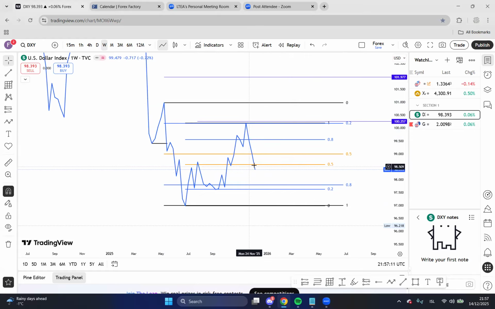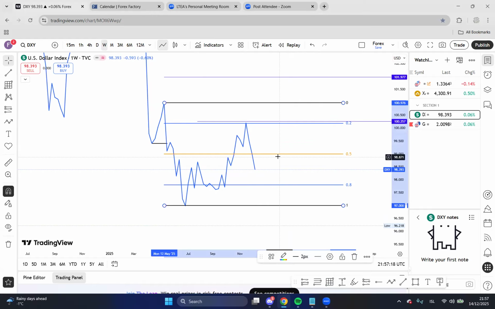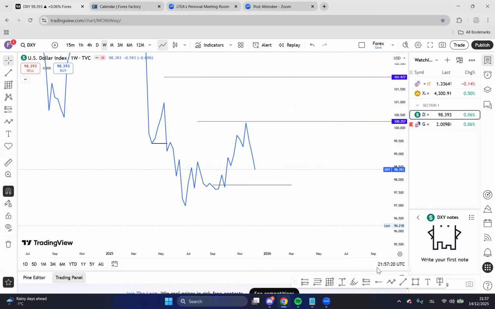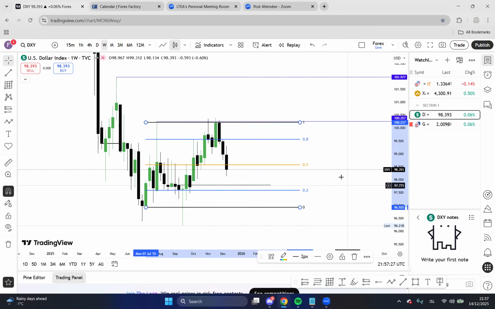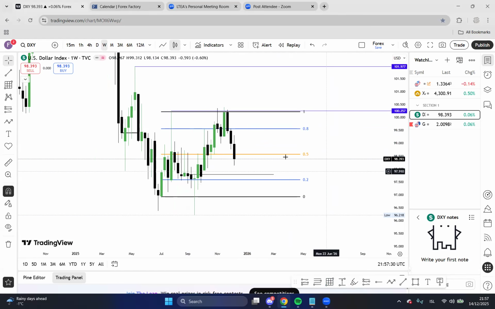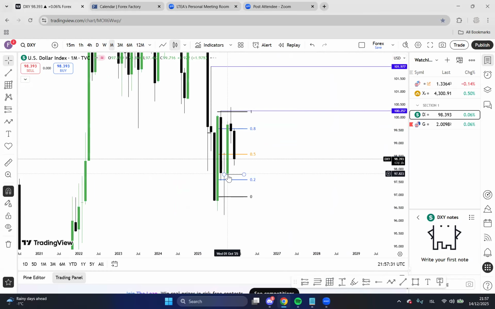So now, looking at this wave like this, we are already in discount, right? Now, again, that discount, you can see from the monthly price frame, we have a level right here.